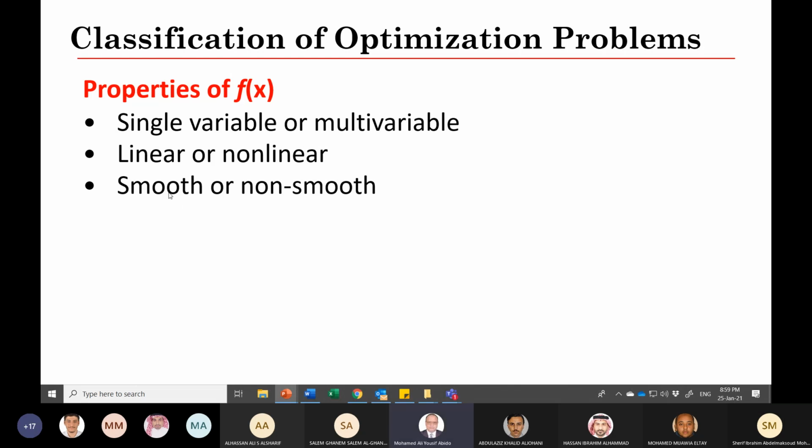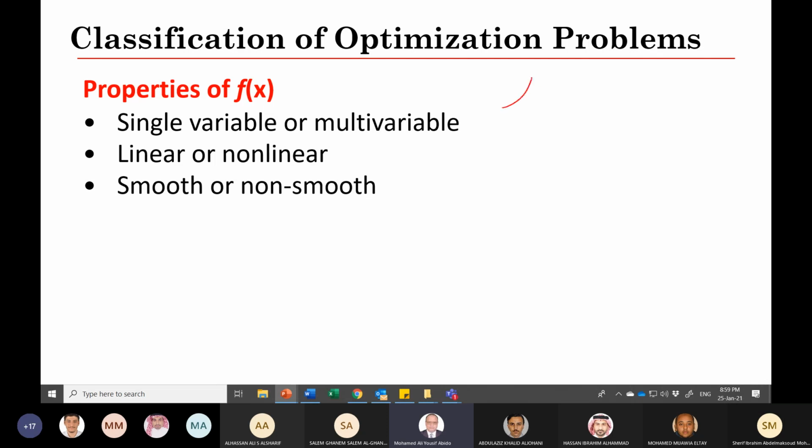Smooth means the first derivative of the function exists, non-smooth means the first derivative doesn't exist.